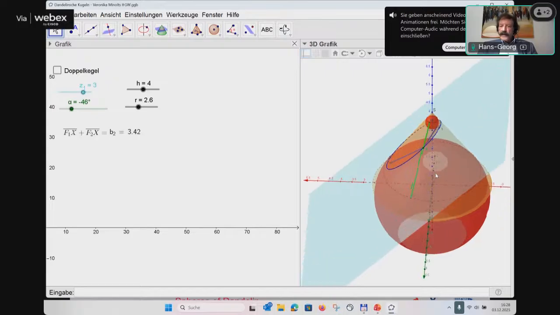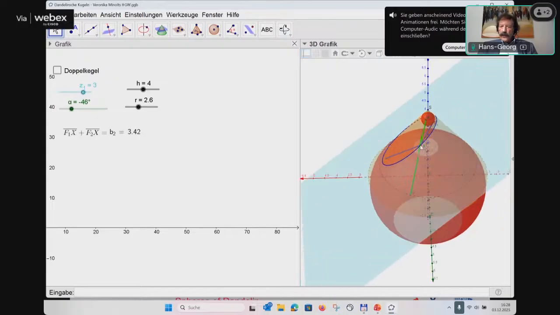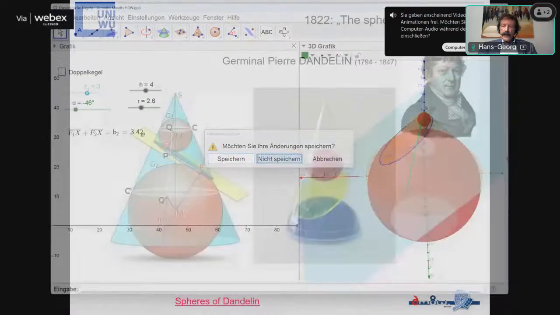And so you see, because this green line is always the same if you go around here with a point on the ellipse, you see that the distance F1 to X plus X to F2 is always constant. You have to see it a little bit longer.